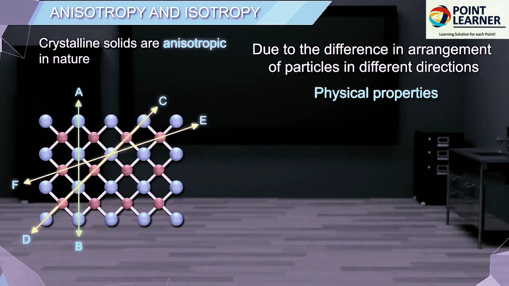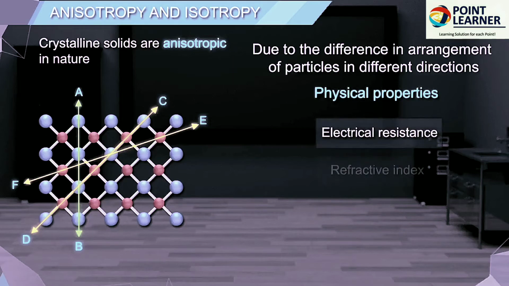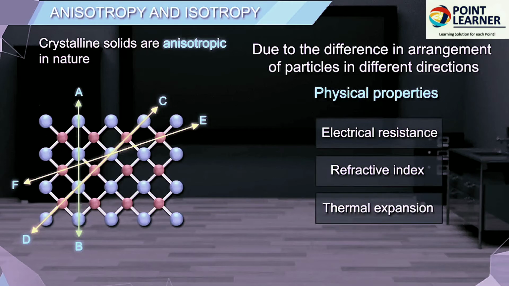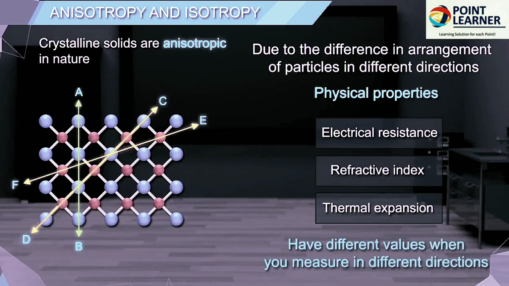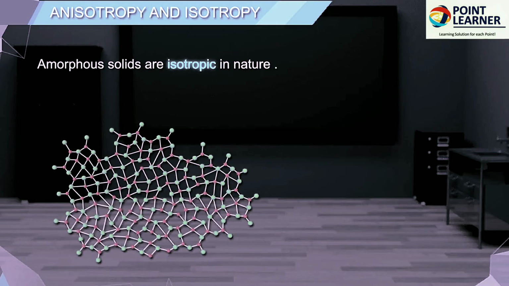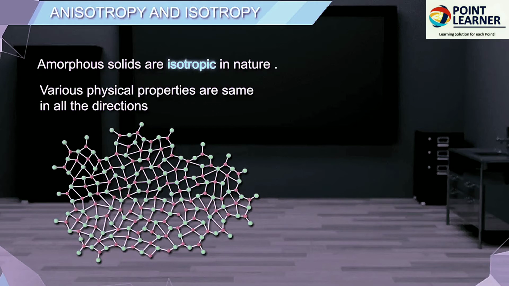Due to the difference in arrangement of particles in different directions, physical properties such as electrical resistance, refractive index, thermal expansion, etc. have different values when we measure in different directions. Whereas amorphous solids are isotropic in nature.